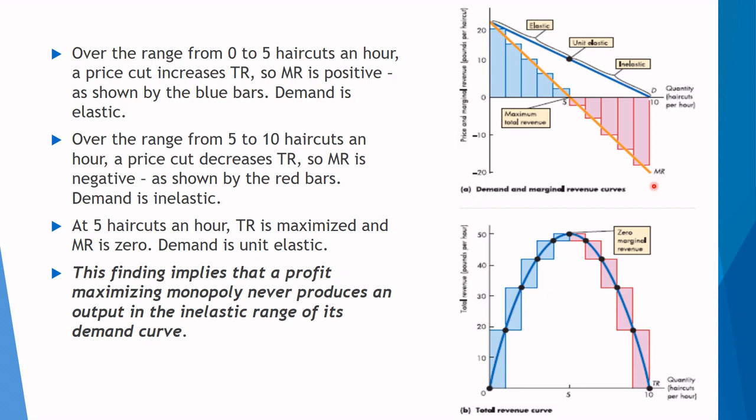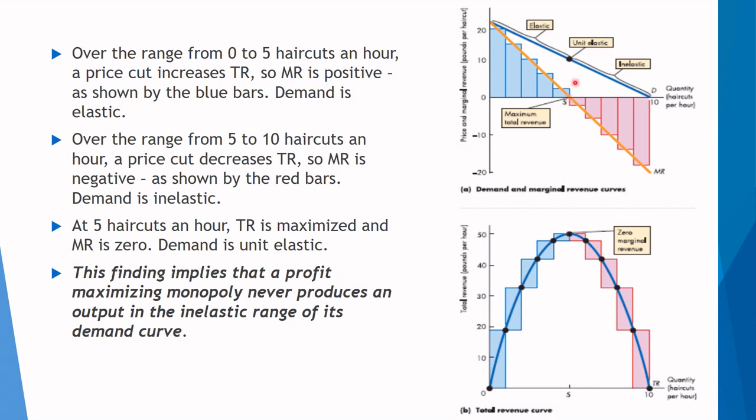When demand is elastic, when your marginal revenue was positive and your total revenue was increasing with the fall in price, if we look at the corresponding points in the total revenue curve, you can see for 0 to 5 level of output, basically on the elastic part of the demand curve, from this point to this point, from 0 to 5, our total revenue is increasing.